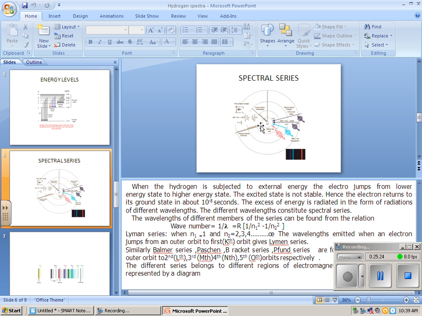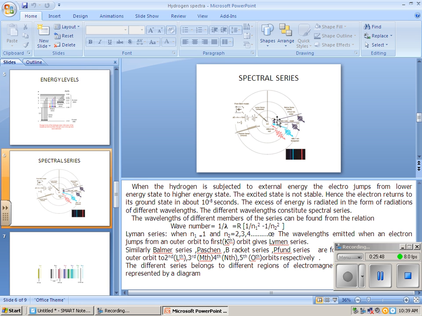Generally these circular ones are orbits: kth orbit, lth orbit, mth orbit, and so on. The spectral series are explained here by electron transitions in different orbits. Here you can see Lyman, Balmer, Paschen again in the same way.